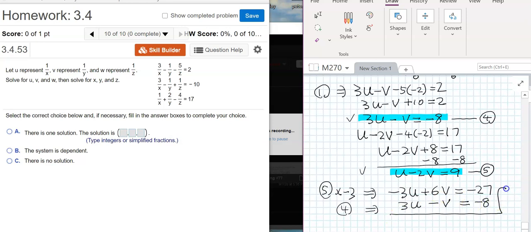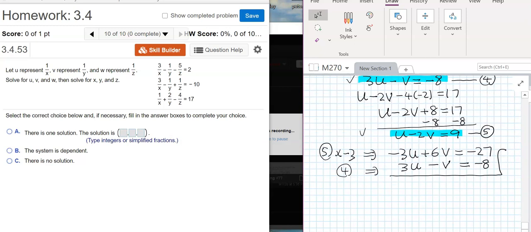So I'm going to add those two. These two get canceled, so I get negative 7v, equal to negative 35, divided by negative 7 gives... So v is negative 7.